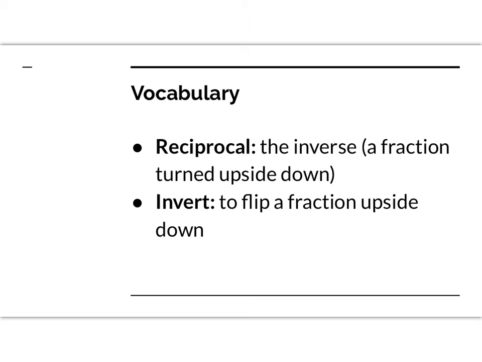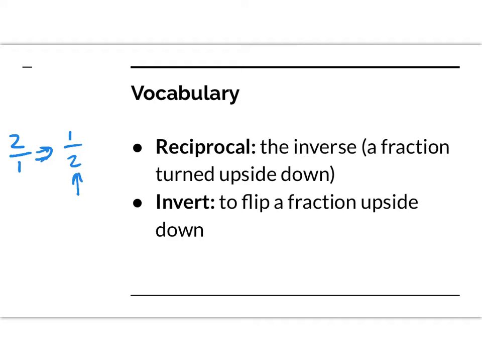So now, reciprocal. This is a word that comes up, and let me show you what a reciprocal is. If you have a whole number like 2, to make it a fraction, we put it over 1. And to make a reciprocal, you just turn it upside down. So the top goes on the bottom and the bottom goes on top.